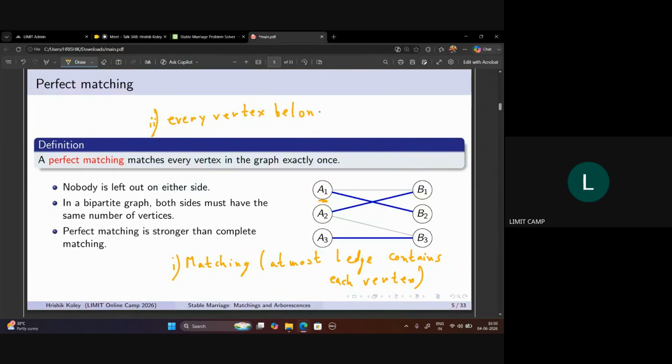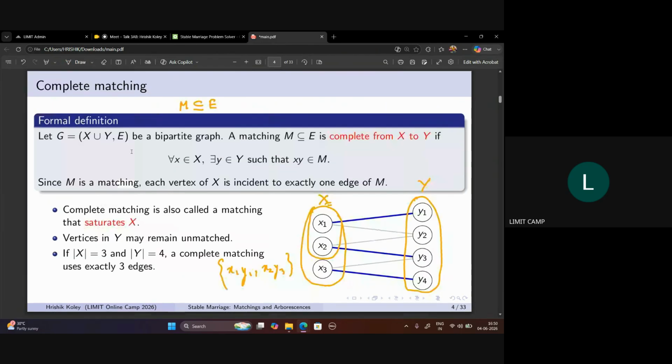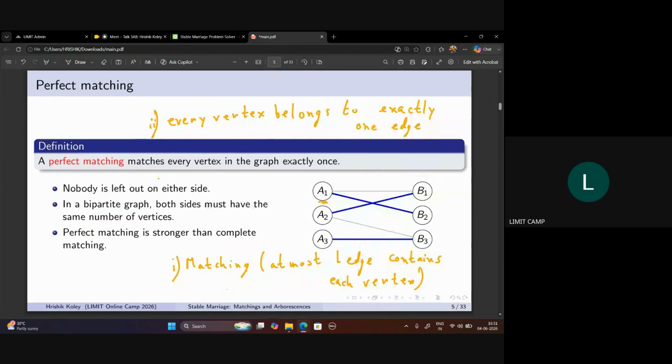Every vertex belongs to exactly one edge. The difference between complete and perfect matching is this: the matching that we took here, let's say x1, y1, x2, y3, and x3, y4, had no edge that contained y2 in our matching M. But in this other case, there's exactly one edge that contains every vertex.